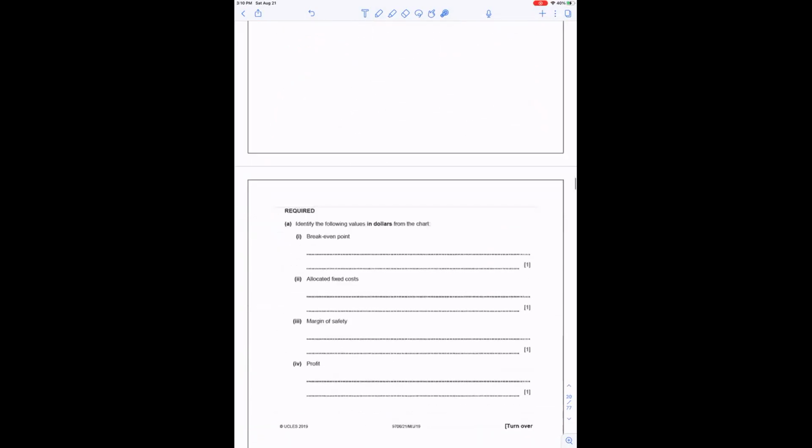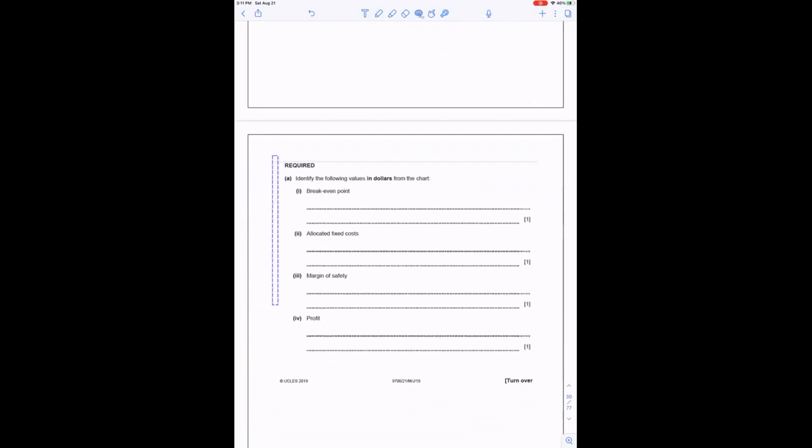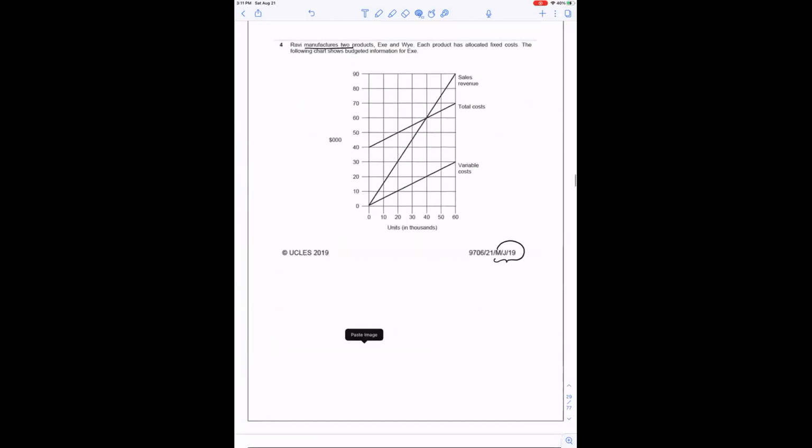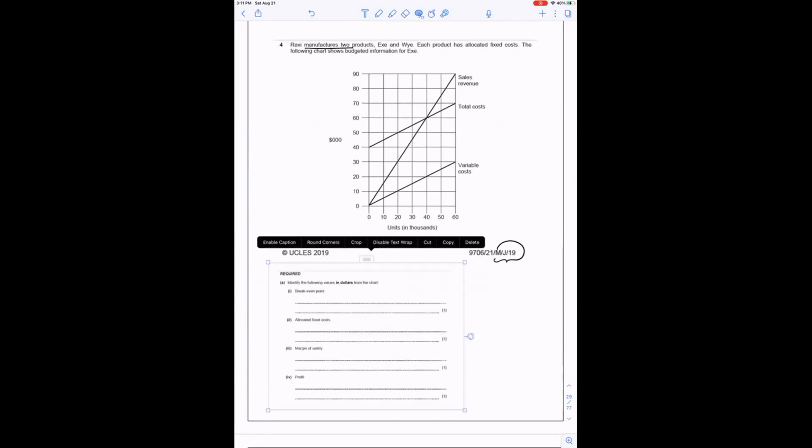The following chart shows you the budgeted information for X. Now, as you know, a break-even chart can only be prepared for one product. If you want to make a break-even chart for the other product, you will have to prepare a separate break-even chart. So now, this is the break-even chart that they've given us.